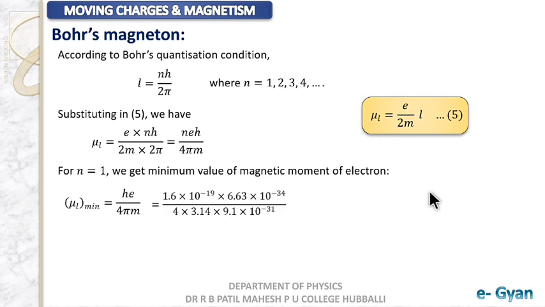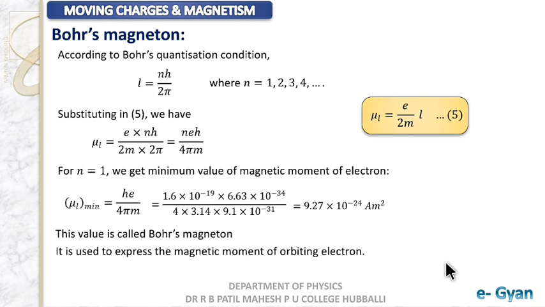When we substitute all the values of the corresponding quantities, we get it to be this value, that is 9.27 into 10 raised to minus 24 ampere meter square. And this value is Bohr's magneton, and we use it to express the magnetic moment of an orbiting electron.